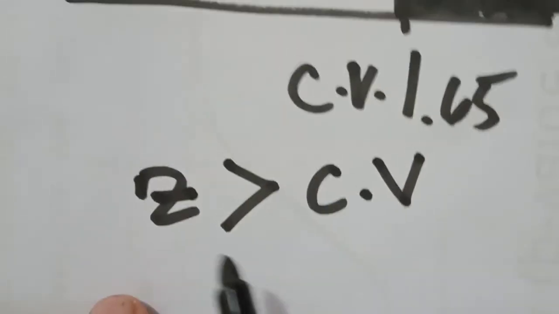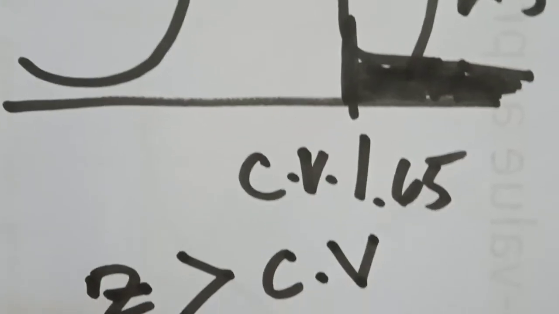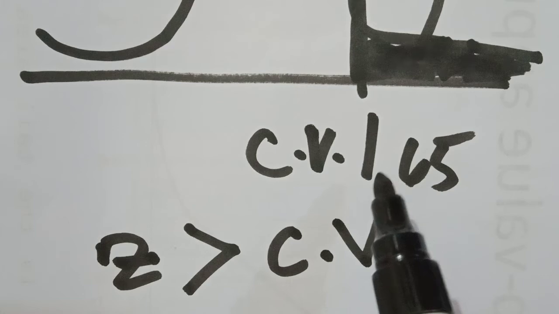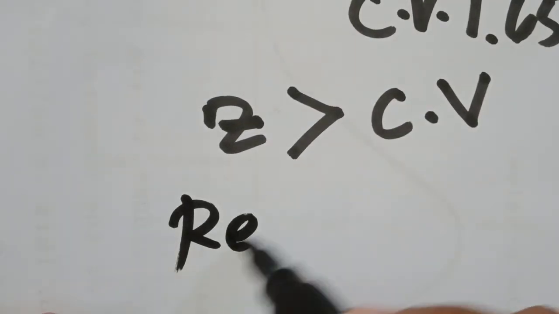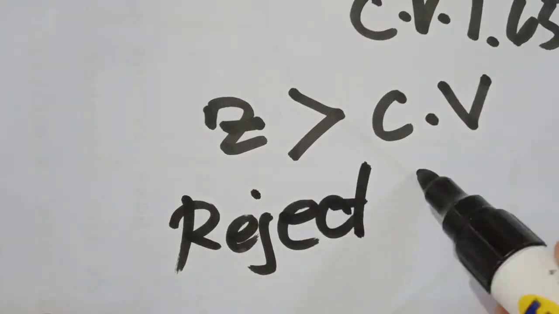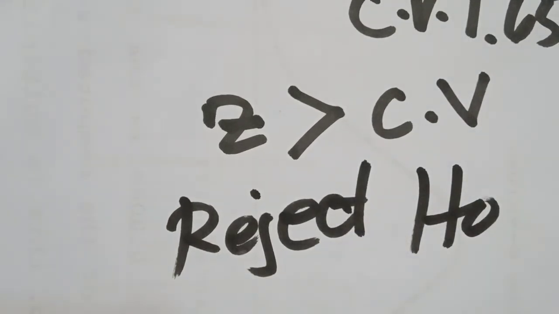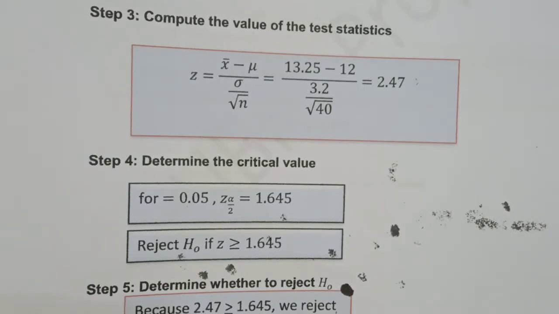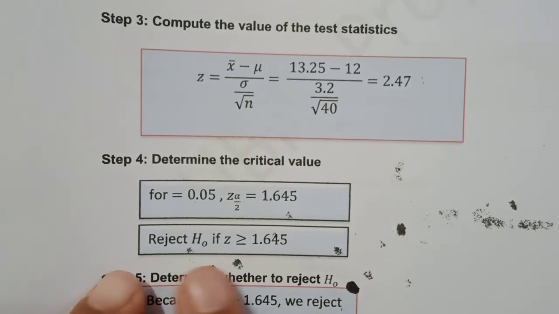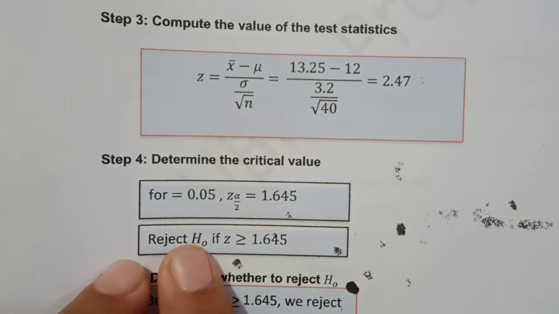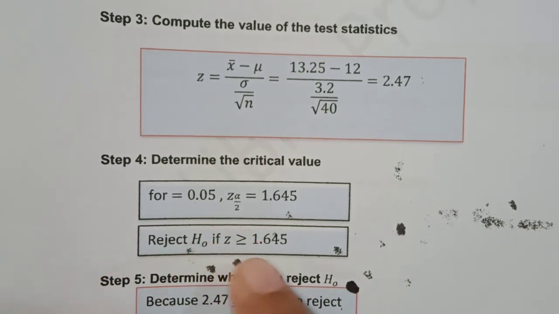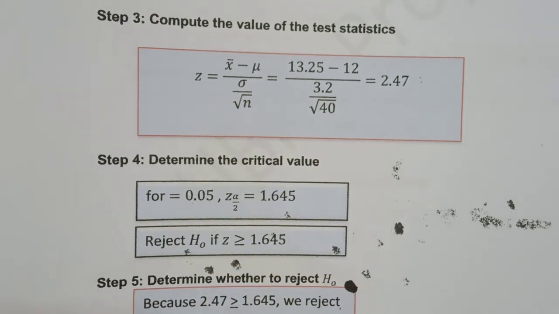Kaya pagka mas malaki yung na-compute mong Z doon sa critical value na 1.65, reject mo yung null hypothesis. Okay? So, yan ang ating decision. Magse-set up ka ng ganito sa step 4: reject H0 if Z is greater than or equal to 1.65.